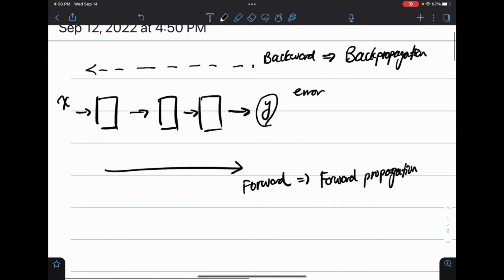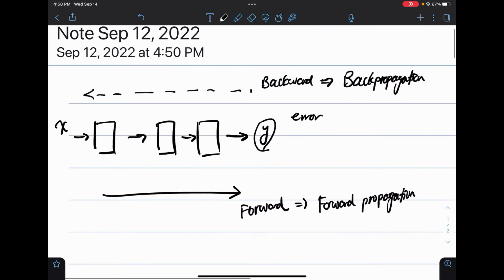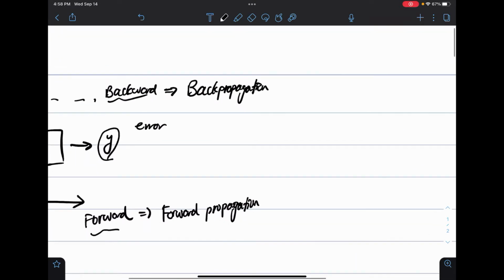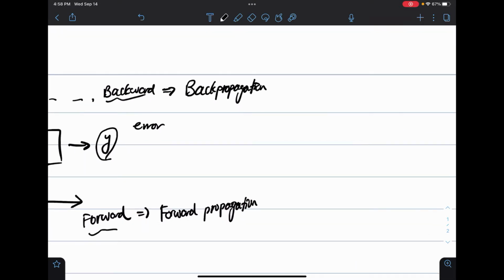Now this is what we're going to focus on, the backward pass and the forward pass. In the in-depth section of the video, we're going to get a general overview of what backpropagation is and how it works.